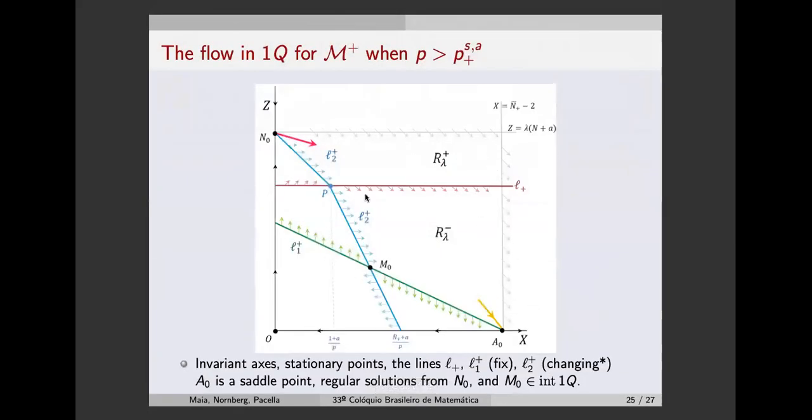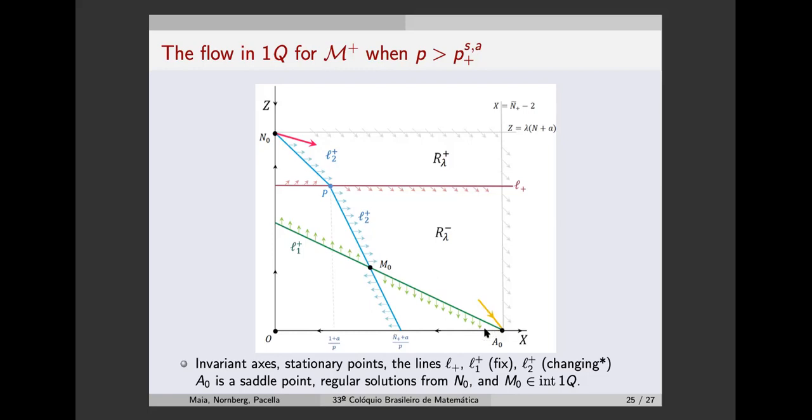Anyways, this is a picture. Here is the stationary point N0. The vertical direction is stable, and this is the unstable direction obtained in the theorem.